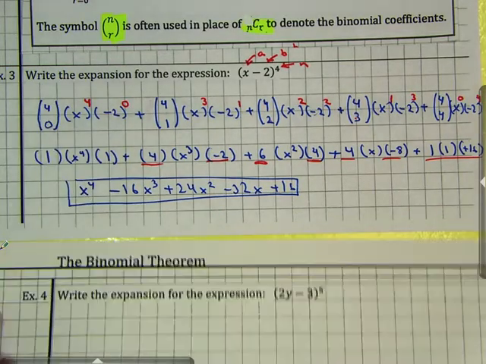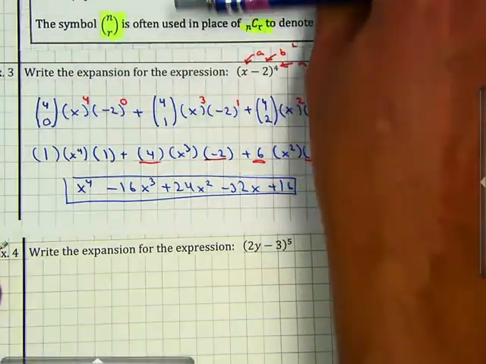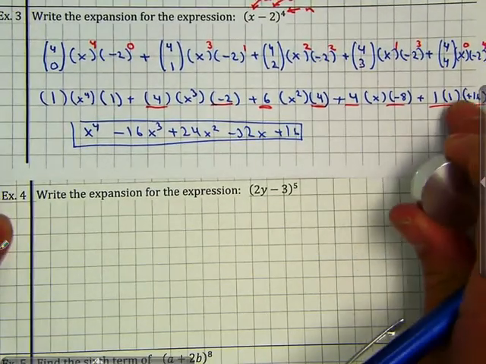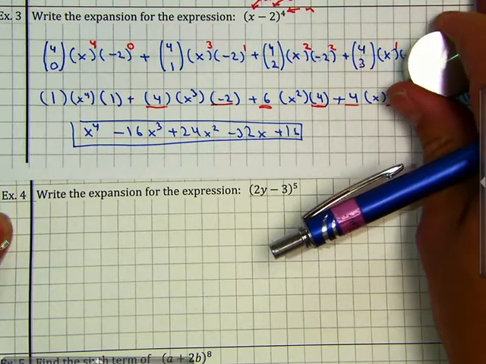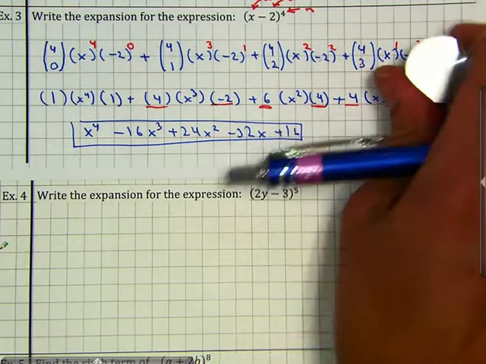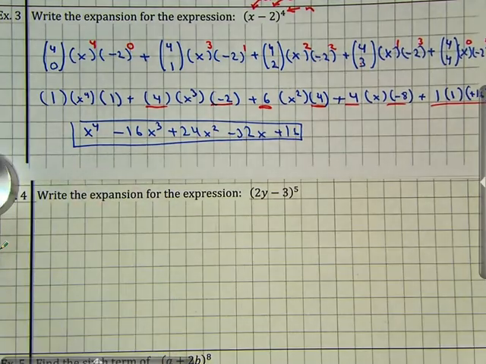So example number 4. Go and write it down, and then we can expand it together, because there'll be some patterns that will be easier if you can just follow them.